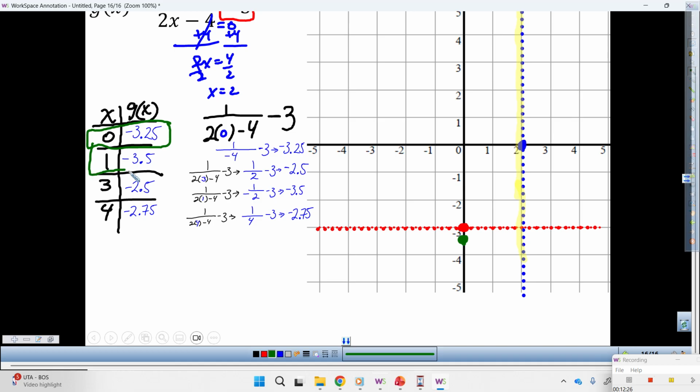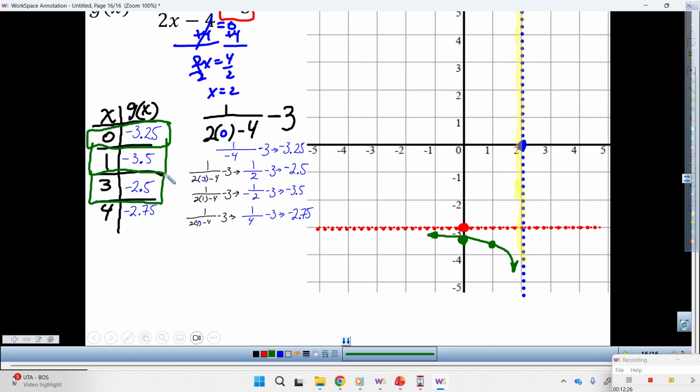Next one, 1, negative 3.5. We just need those 2 points, and then we connect them with a little curve. And look up. As soon as you start getting closer to the vertical asymptote, curve it like this, going that direction. Because remember, it cannot touch the asymptotes.